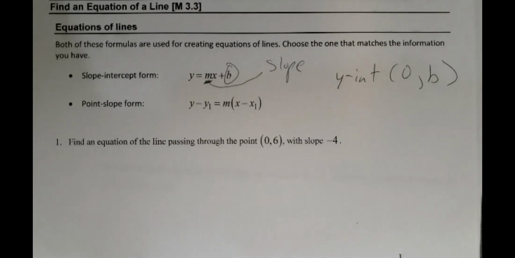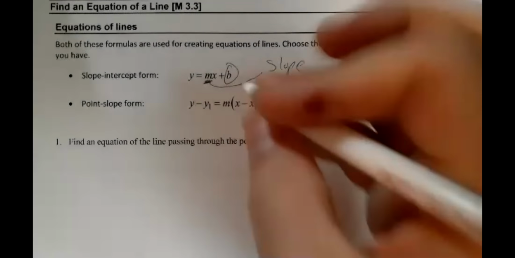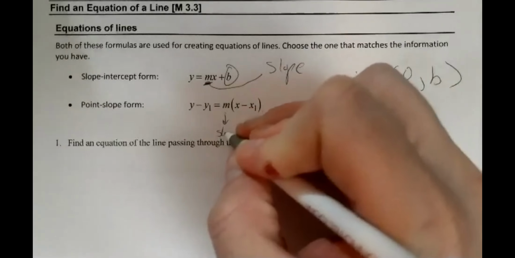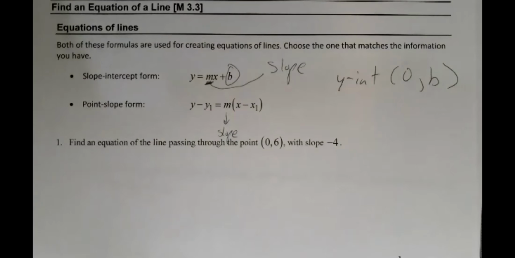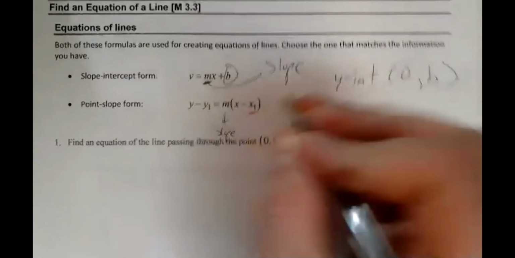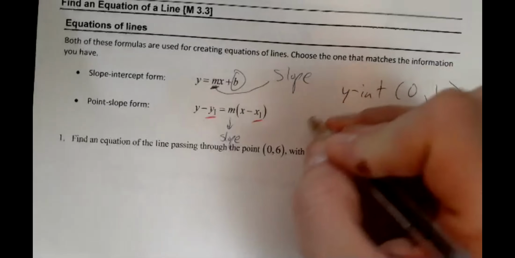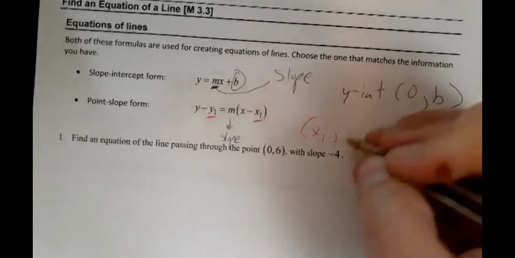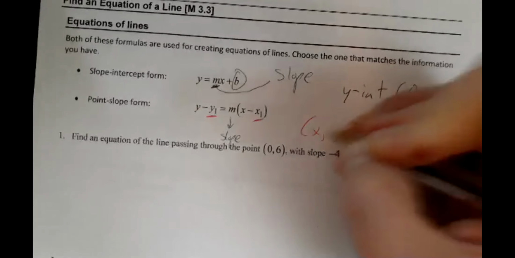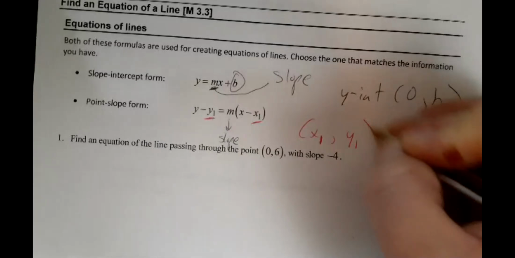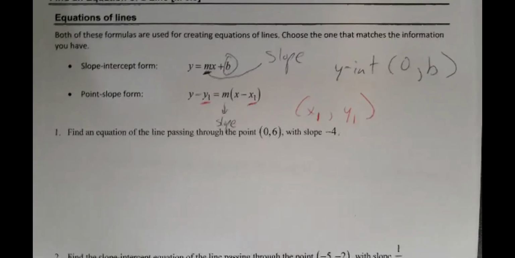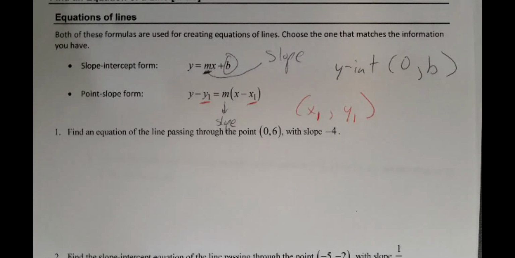You might notice we have our slope, our m. And instead of an intercept, we have a point, right? A point that looks like (x1, y1).